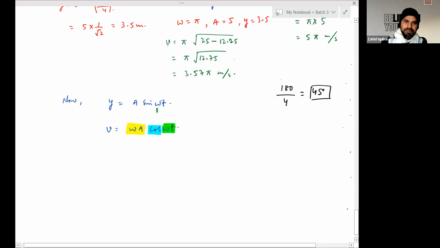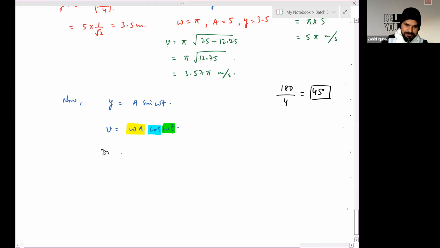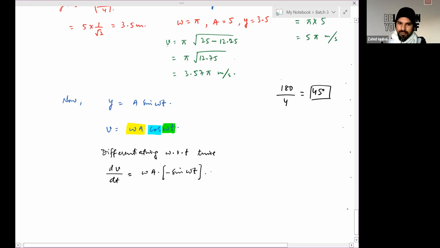So if you have to differentiate it to find acceleration, differentiating with respect to time, dv over dt equals omega times a, being common or constant, keep it outside. Differentiation of cos is minus of sine, omega into t. And further differentiation of omega t, in which omega being constant, keep it outside, and differentiation of t will be 1.